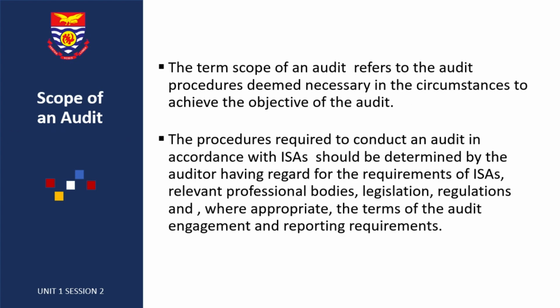Now let's look at the scope of an audit. The term scope of an audit refers to the audit procedures deemed necessary in the circumstances to achieve the objective of the audit.